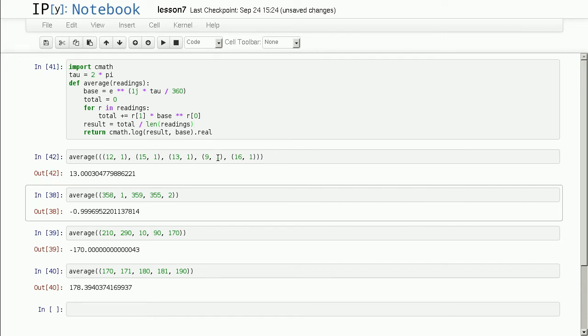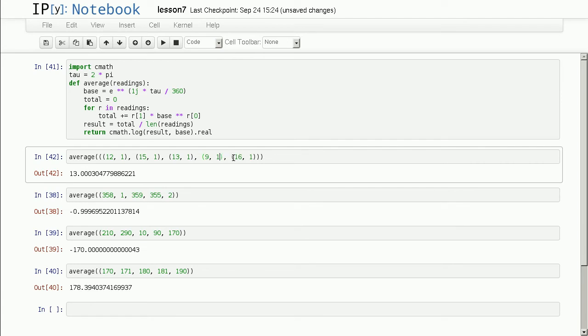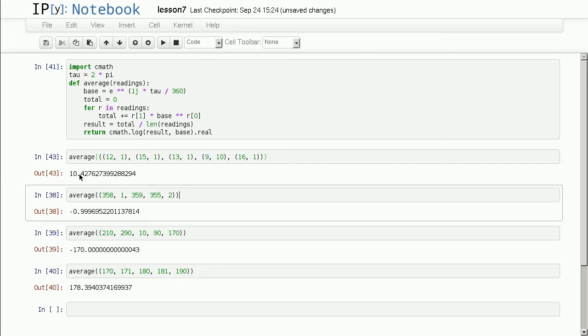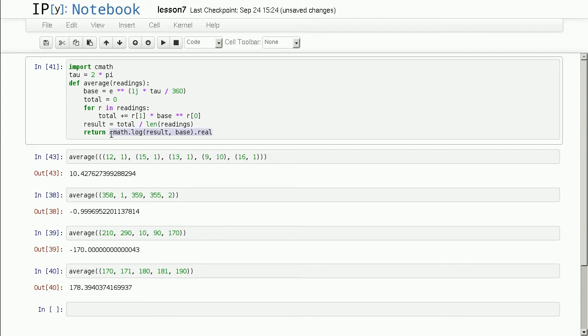And if we weight it, let's say we had a big gust of wind when it was 9 degrees. Let's see what happens. Look at that. My average reduced closer to 9. This seems to work.